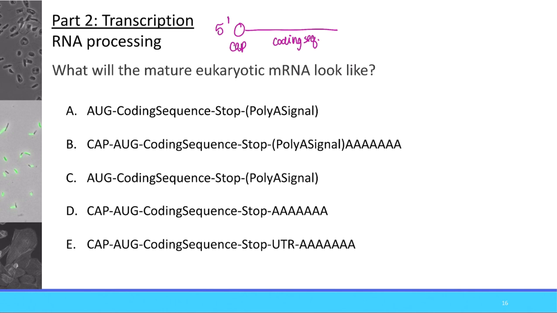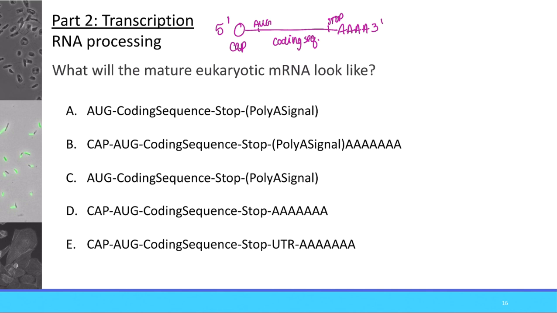And first, within our coding sequence, we need to have a start. So somewhere we're going to have an AUG, and we're going to write stop because there are 3 stop codons. So somewhere we're going to have a stop, and then we're going to have a poly A tail. So this is what a mature eukaryotic mRNA looks like.